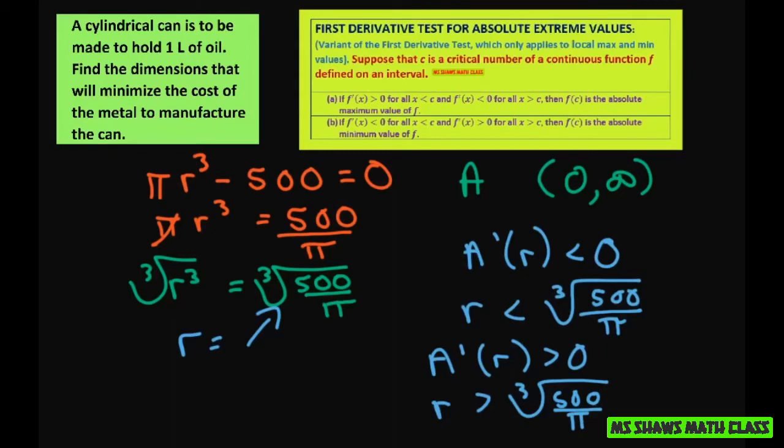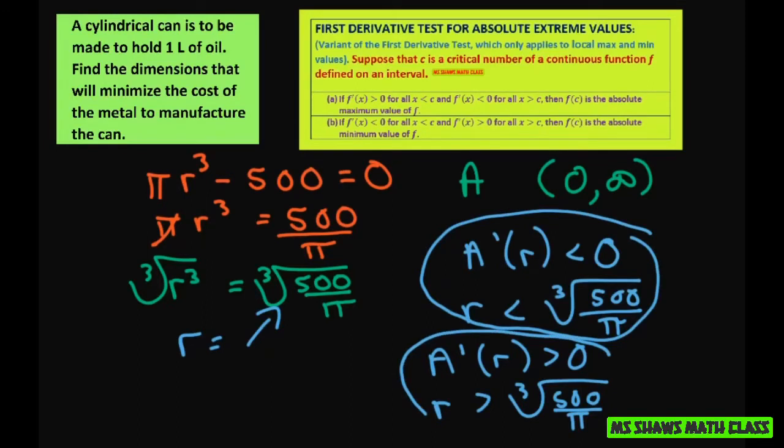So that means A is decreasing for all r to the left of the critical value. So to the left, this is decreasing.